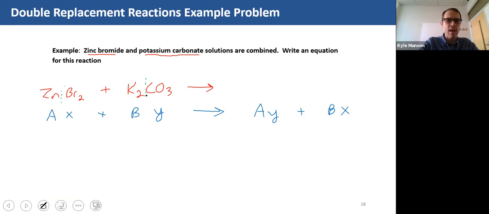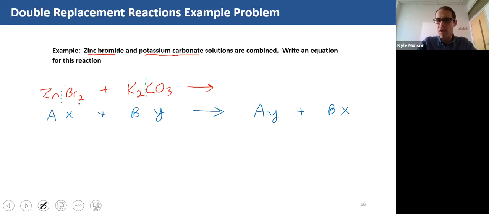Okay, so this is A, X, B, Y. So we just need to write that over here. So for now, for elements, let's just ignore these subscripts on the bromine and the potassium.